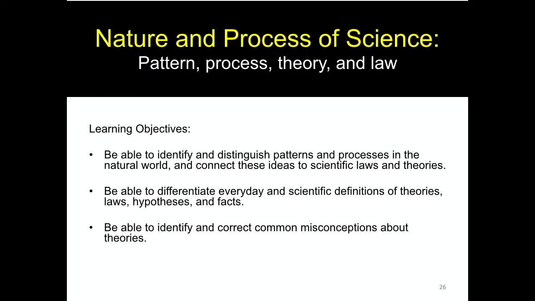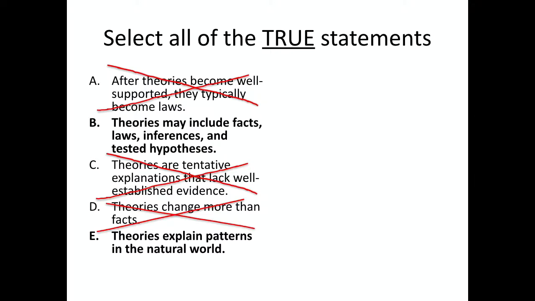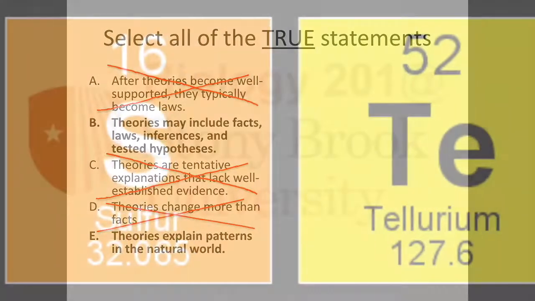You should also be able to differentiate everyday and scientific definitions of hypotheses and facts. And you should be able to identify and correct some common misconceptions about theories. So going back to the question we posed at the beginning of the lecture, make sure that you are able to distinguish these many components of the nature of science.